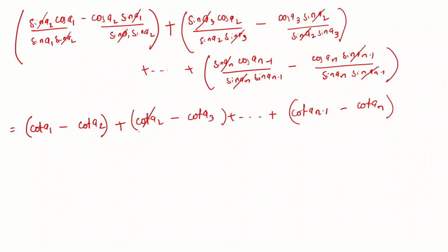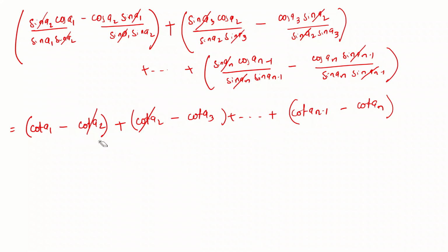This cot a2 and cot a2 cancel out. That means the second term of the first bracket cancels out with the first term of the second bracket. I repeat, the second term of the first bracket cancels out with the first term of the second bracket.